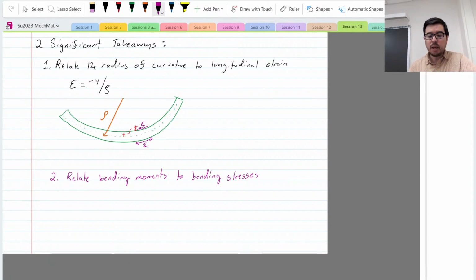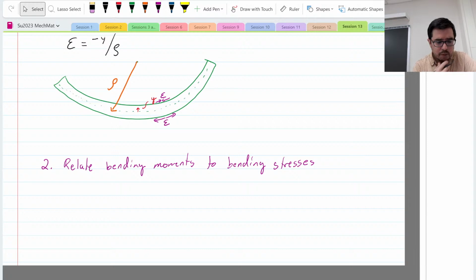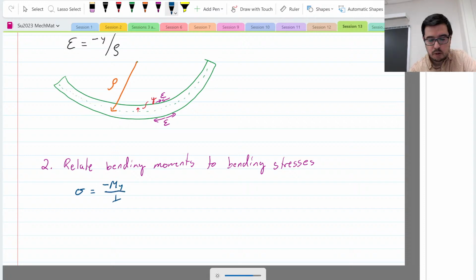Okay, and bending stresses are normal or axial stresses, but it's a little bit different than what we've talked about here. Now, the equation that we're going to take away here is that the bending stress is equal to negative My over I, where M is a bending moment, an internal bending moment.